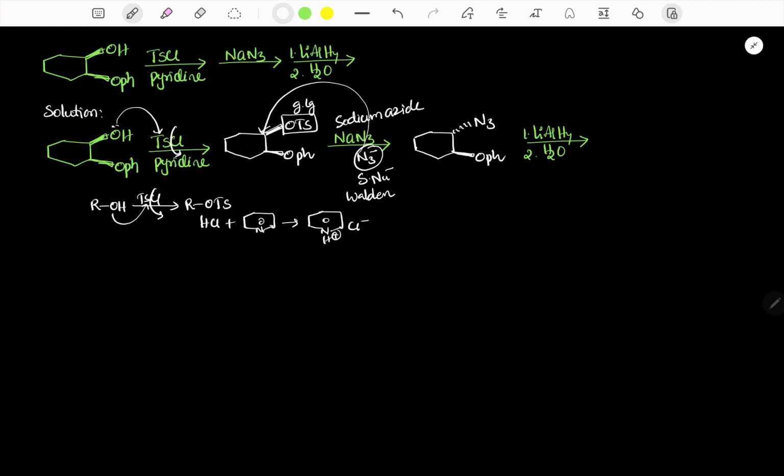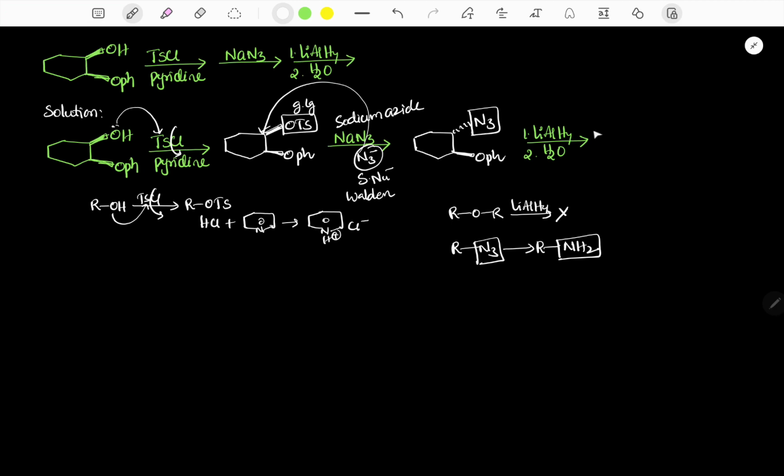Now it is treated with the strong reducing agent LiAlH4. Ether does not react with LiAlH4, but the azide group will be converted into a primary amine.